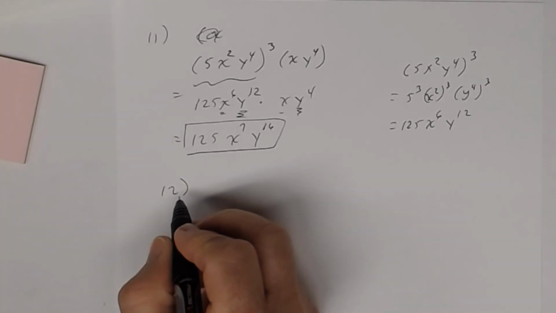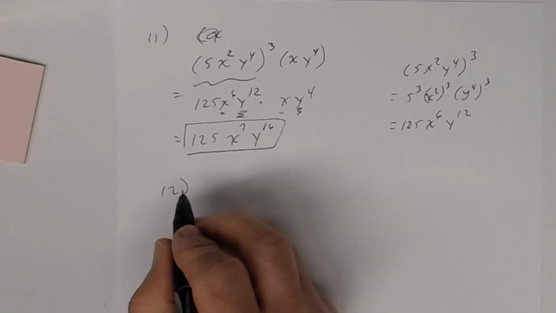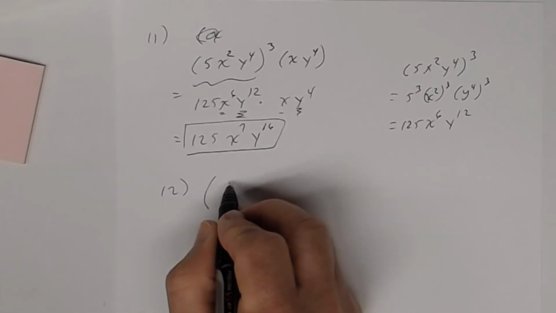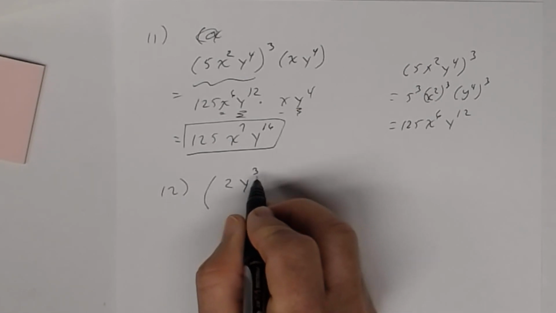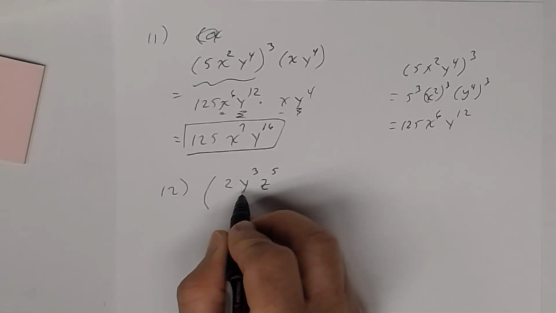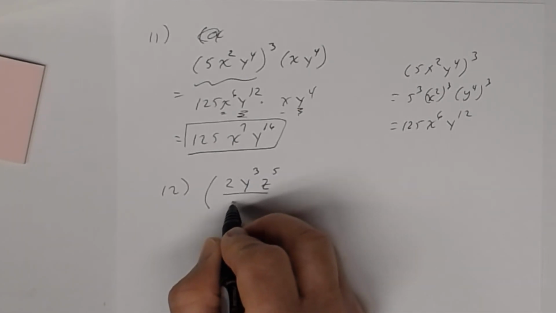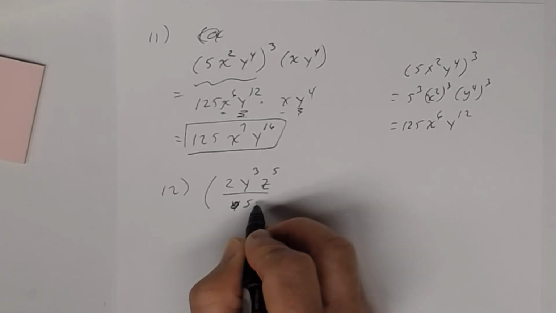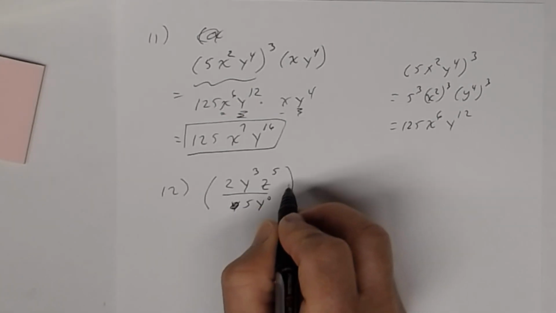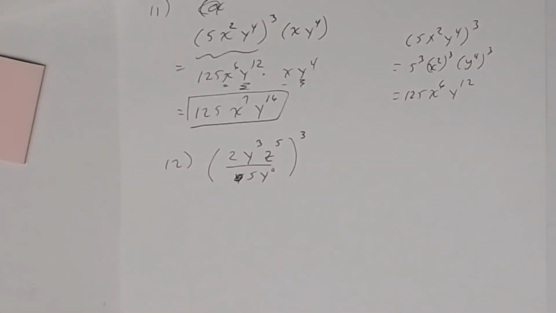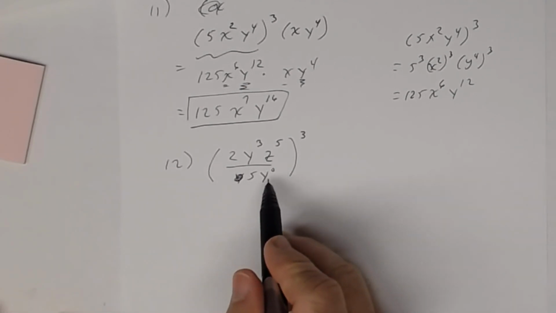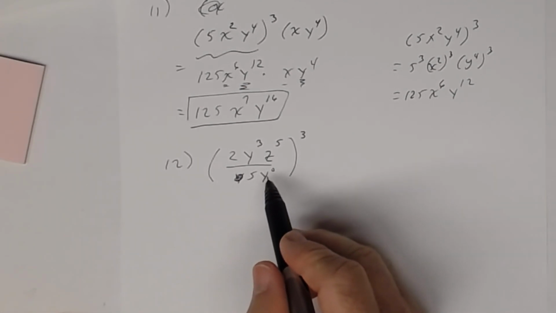Number 12. Okay, what if we had, let's say, 2y cubed z to the 5th divided by 5 y to the 0, all raised to the 3rd power. All right, so no negative exponents, but I do see a y to the 0. So remember, see the y to the 0, make it simple.